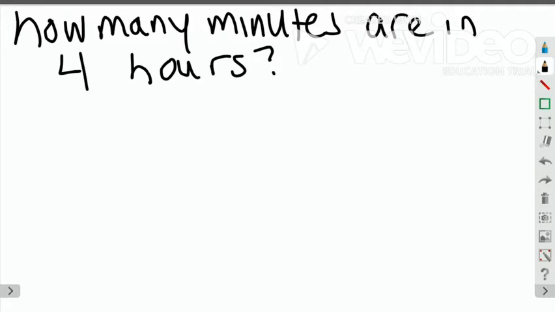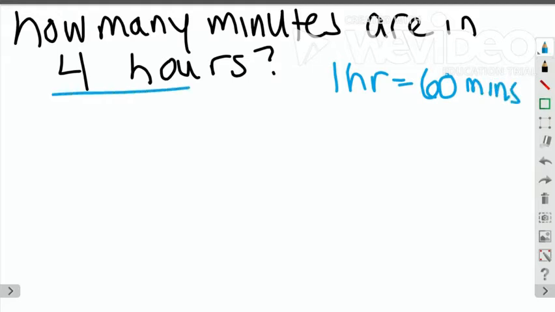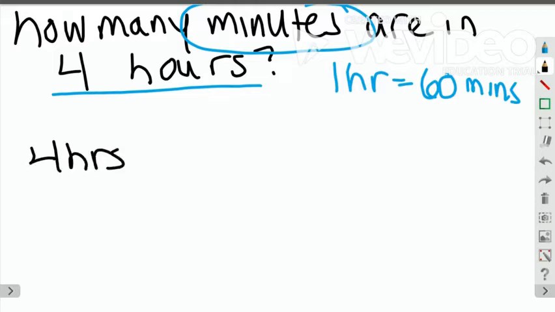So you know that in 1 hour, there is 60 minutes. You are given hours. We're looking for how many minutes there are in 4 hours. So you always start with what is given. And I'll write out a simple way to describe this if you want after. So you always start with what you're given, and you put that over 1.